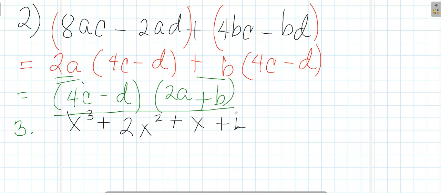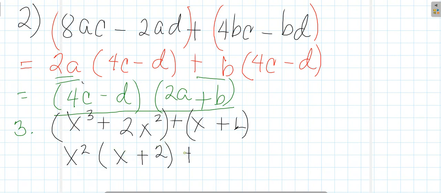So how do we answer this? Okay, so therefore, group this one. So we have the common factor x squared. Divide, so this is now x plus 2, plus this number. This is 2.